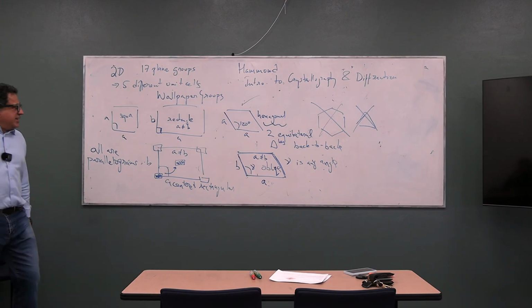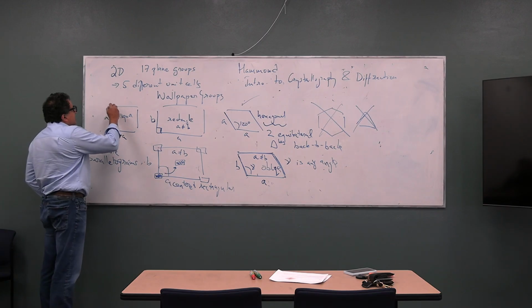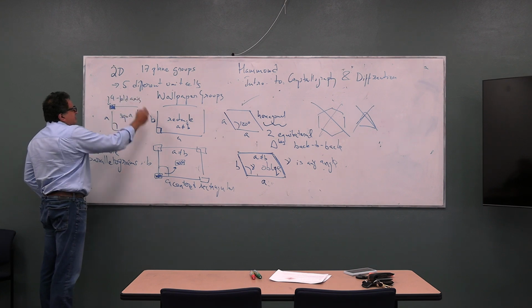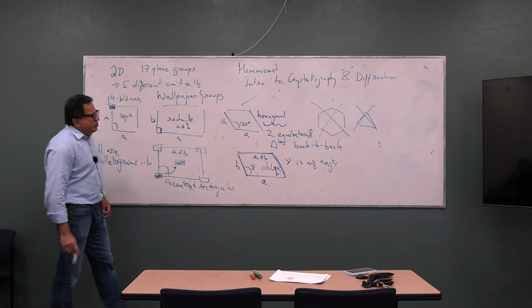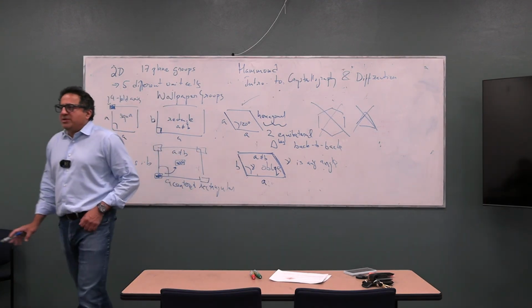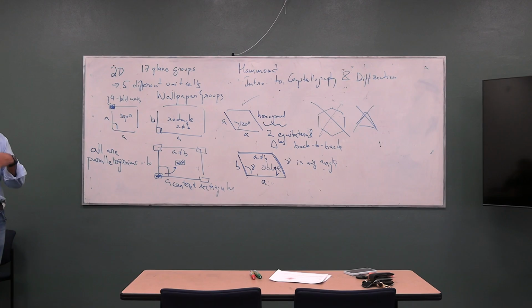To be a square, it must also have a 4-fold rotation axis. In a rectangle, it's a 2-fold axis. In the hexagonal cell, it's either a 3-fold or a 6-fold. So the symmetry actually is important in addition to the shape. So don't just look at the shape and say it's a square or a rectangle.